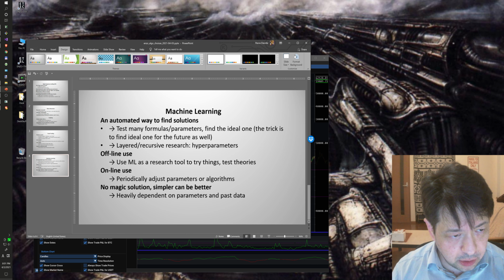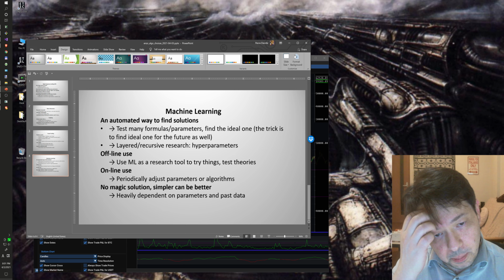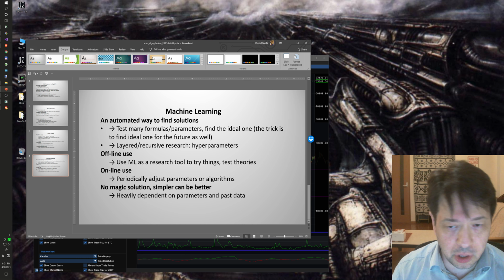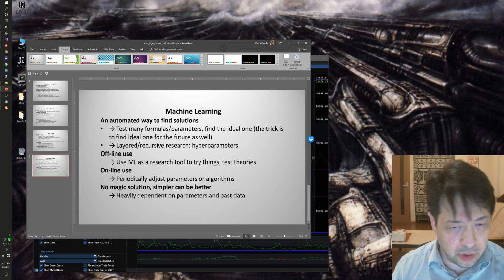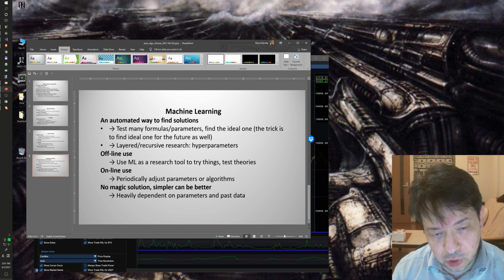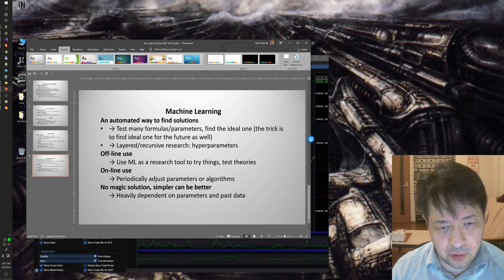The last slide is machine learning. We do use it, but machine learning is a generic term with different uses. It's basically a set of tools, or perhaps just a concept. To me, it's an automated way to find solutions.